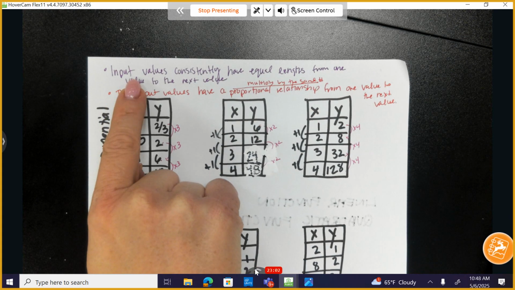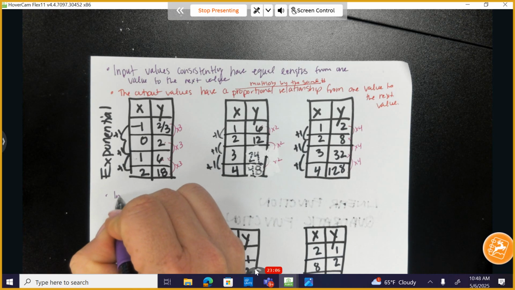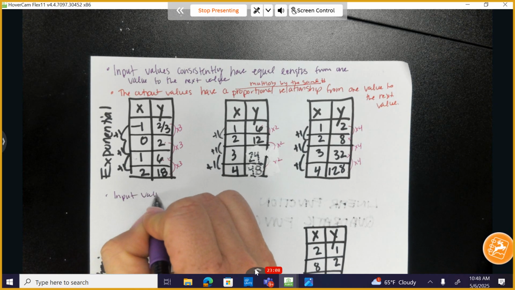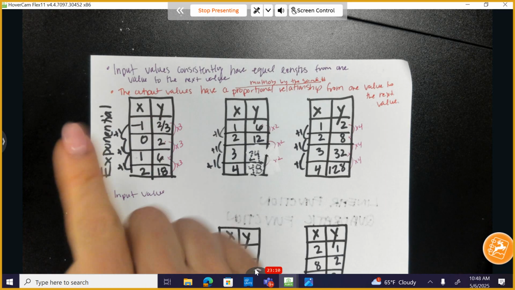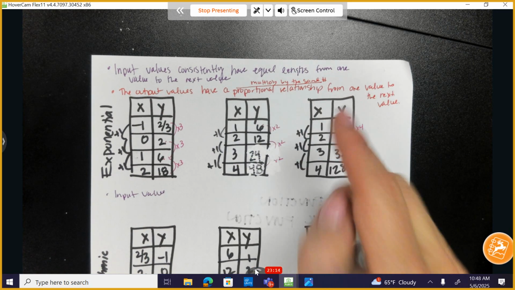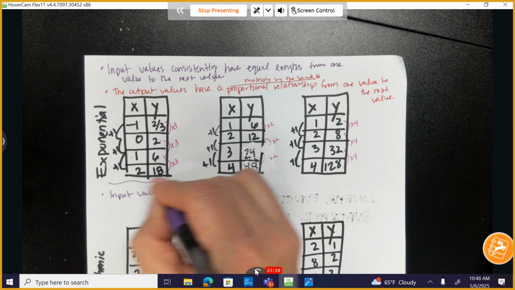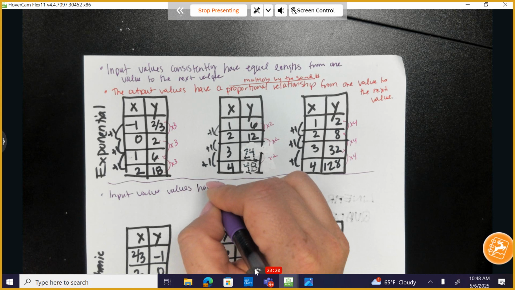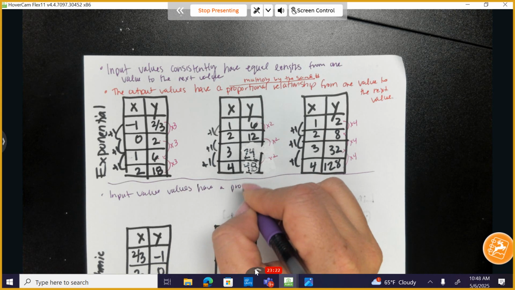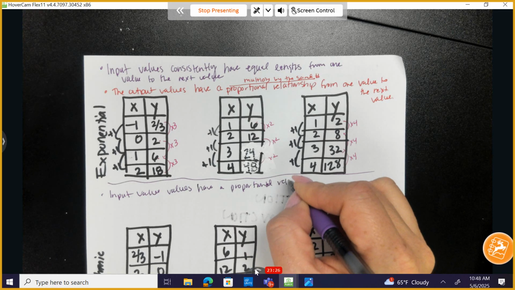It's going to start with, this is our last one today, the input values. Now remember, they switched. So the input values have a proportional relationship from one value to the next. Write that down. Input values have a proportional relationship.